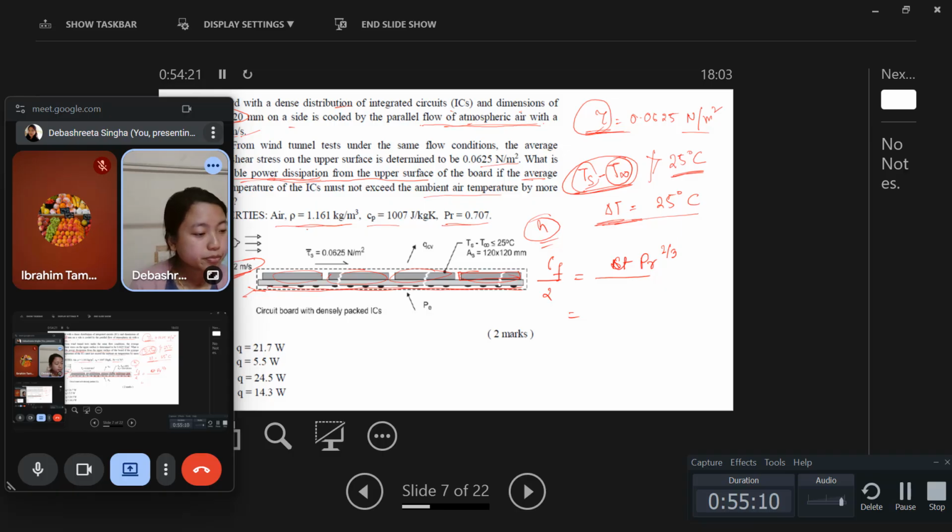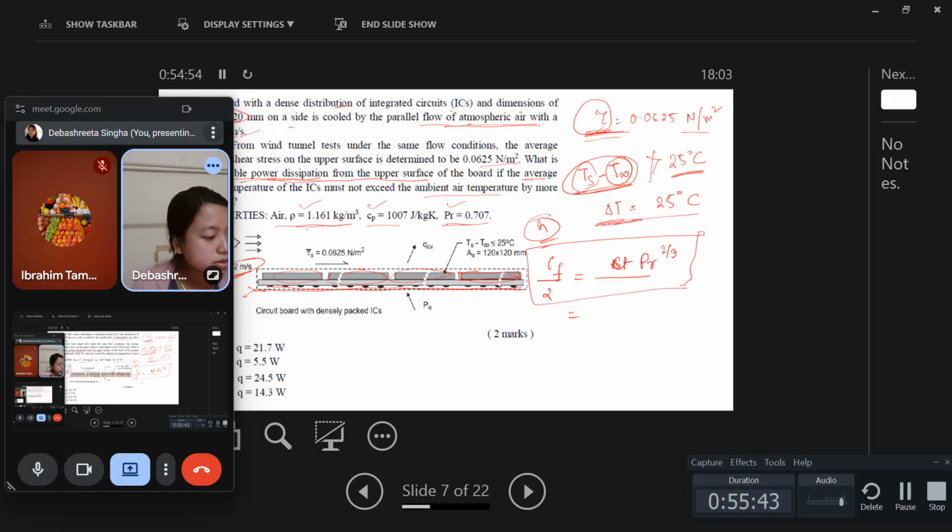Then they have given some properties of air: density, specific heat, and Prandtl number. So again, in this case, you need to find out H, and how do you relate this heat transfer coefficient with what else is given here? We have seen that the shear stress is given. Then how do you relate this shear stress with H, the heat transfer coefficient, is this formula again.